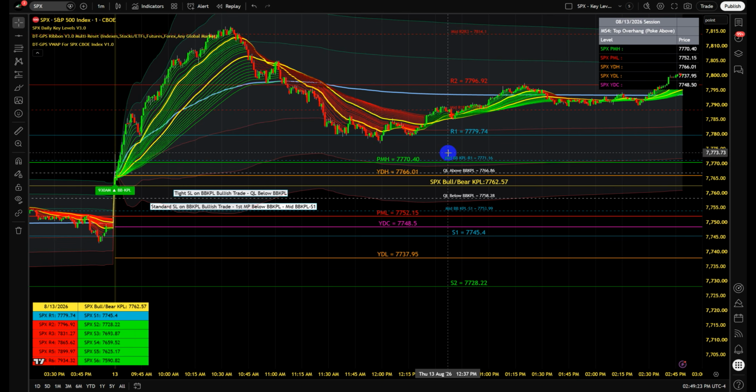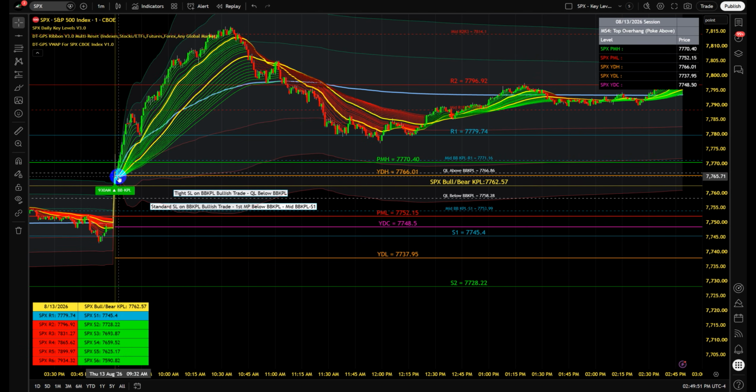For taking trades off of any of the main key levels, you have a built-in stop loss system, which are the QL levels and the midpoint levels. So on a bullish trade off of a main key level, the tight stop loss is the QL level below that level, and the midpoint level below is the standard stop loss, as you can see here on this particular trade.